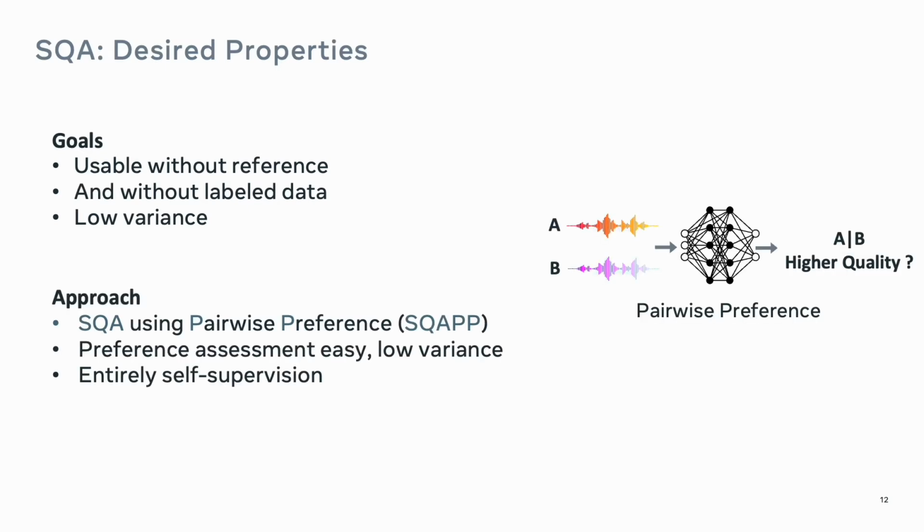So based on these features, we propose our framework SQAPP, which stands for Speech Quality Assessment via Pairwise Preference and therefore has a lower variance. The other benefit of pairwise preference, as we already mentioned, is that we can completely rely on synthetically produced datasets, for example, a recording with different levels of noise added, where we assume that more noise means lower quality.